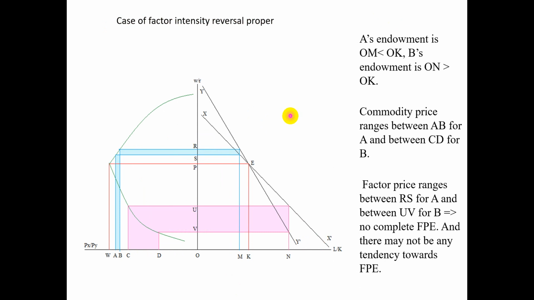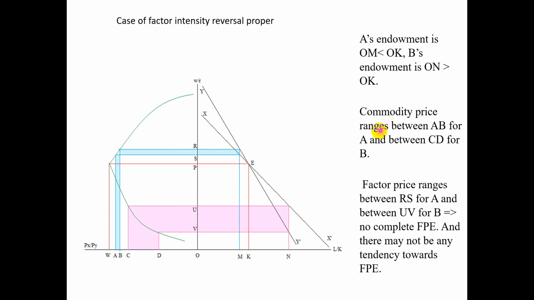Now we come to the case of factor intensity reversal proper. So A's endowment is OM, which is less than OK, and B's endowment is ON, which is greater than OK. So now B is relatively more labor abundant.